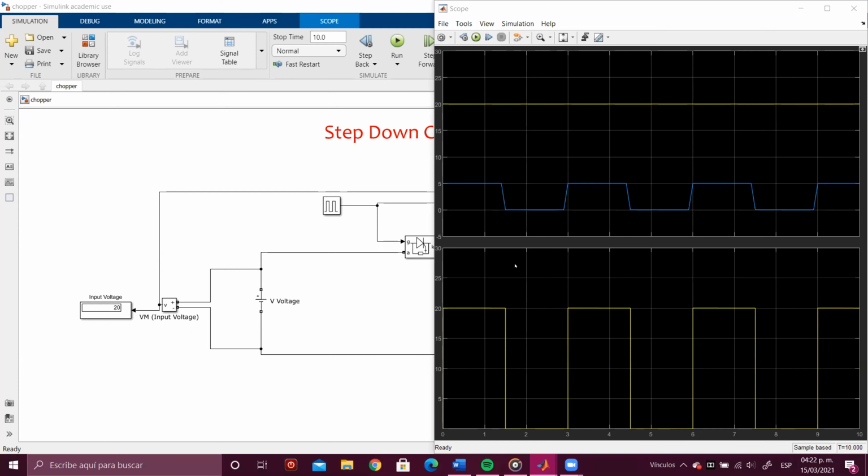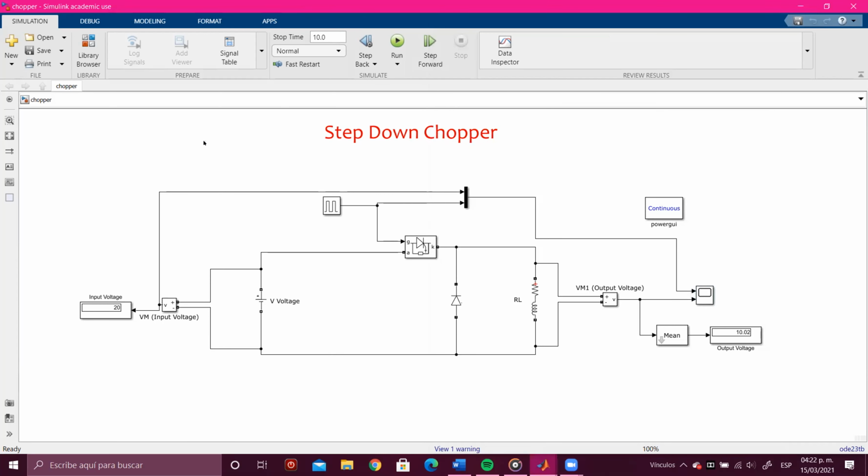The voltage, in yellow, goes up to 20 and then back to 0 at a certain frequency. And the current, as we said, changes over time in a straight line with an inclination. This phenomenon will make the voltage decrease, as we said before.